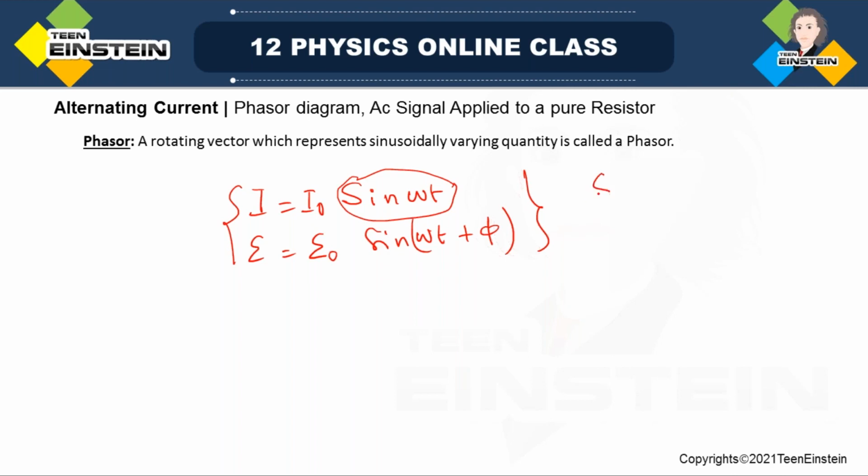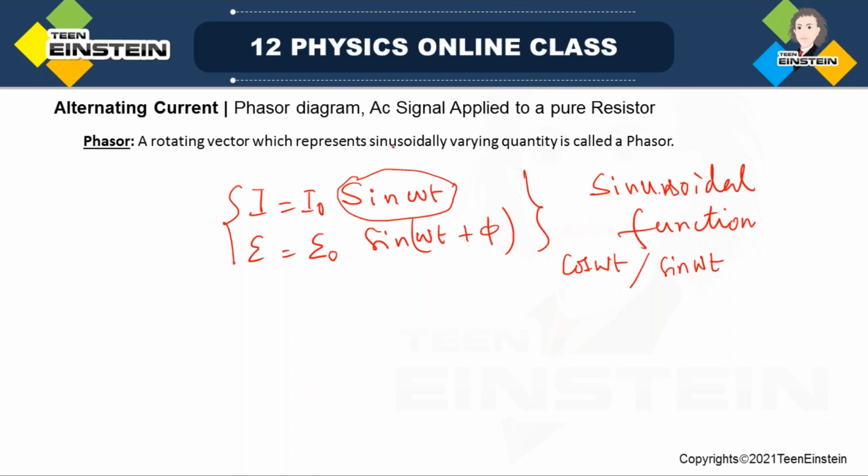Sine or cosine, both are called sinusoidal function. When I say sinusoidal function, I can either use cos omega t or sin omega t. So these both together are called sinusoidal function.